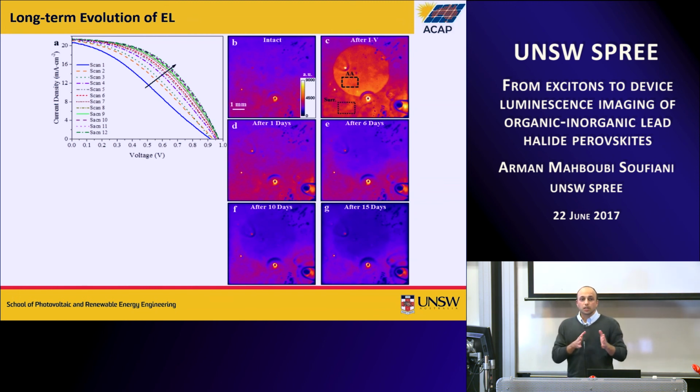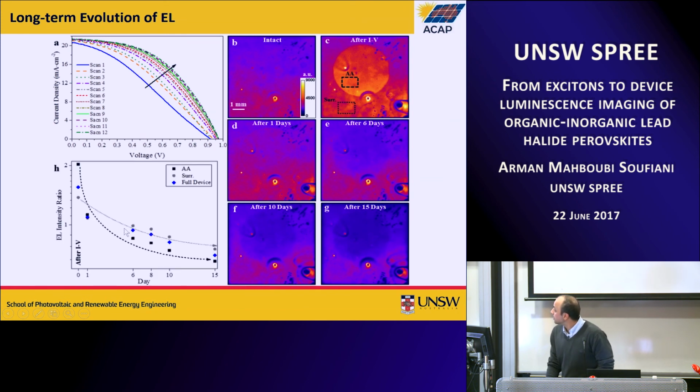During the EL imaging, I stored the device in the dark in a glove box, so it's an oxygen-free and moisture-free environment. So we look at the EL images over time, about 2 weeks. We can see after 1 day, you can still see some highlights of the illuminated region with higher EL intensity than the surrounding. But over time, you see that the region which was initially very bright becomes much darker than the surrounding.